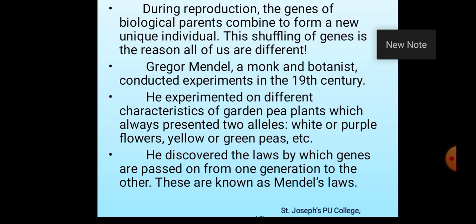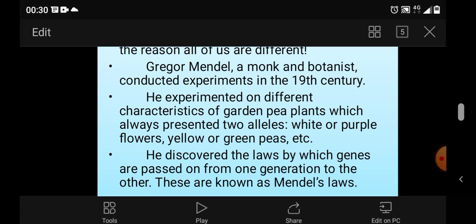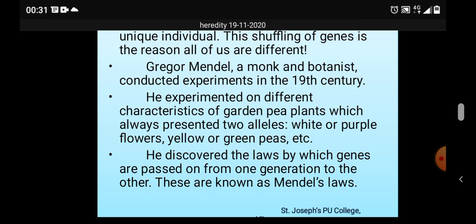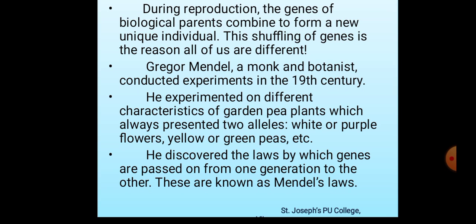During reproduction, the genes of biological parents combine to form a new unique individual. This shuffling of genes is the reason all of us are different. Gregor Mendel, a monk and botanist, conducted experiments in the 19th century.